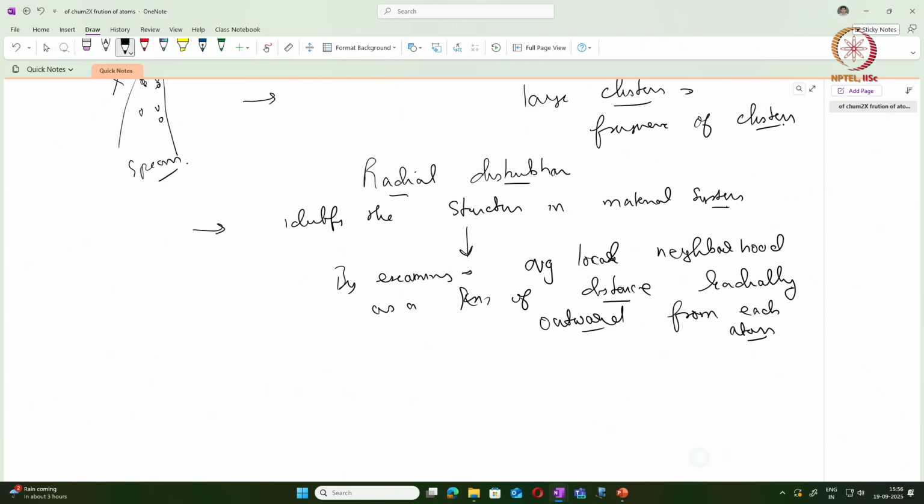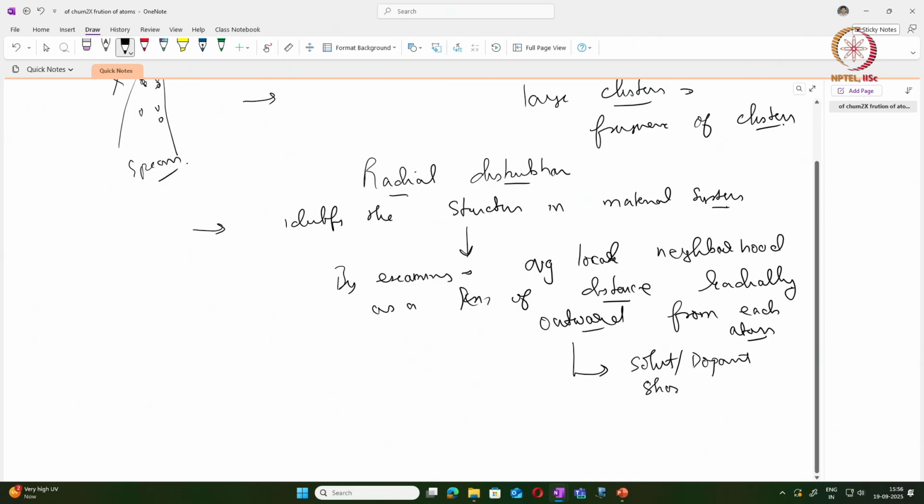So this is also used to identify the solute or dopant short range order in the system.